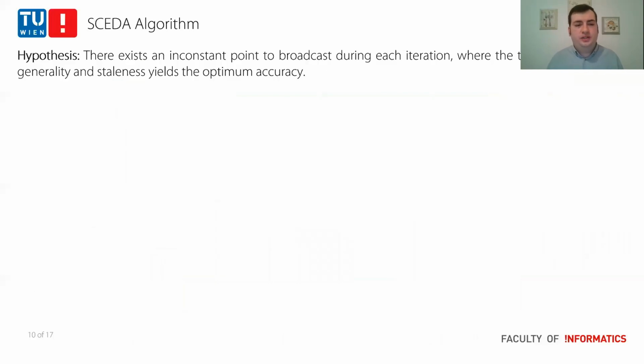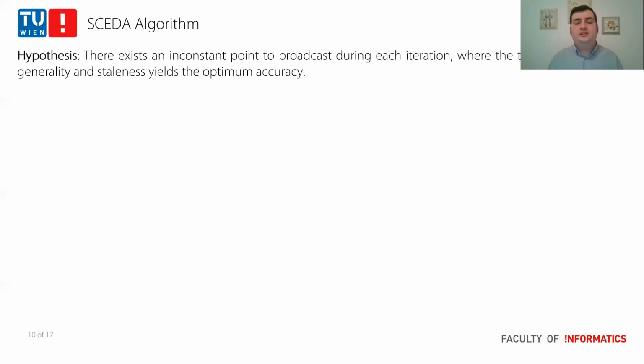So we propose the SCADA algorithm, which stands for Staleness Control for Edge Data Analytics. And the main hypothesis of this algorithm is that there exists an inconstant point to broadcast during each iteration, where the trade-off between generality and staleness yields the optimum accuracy.